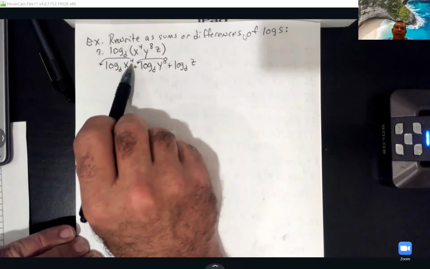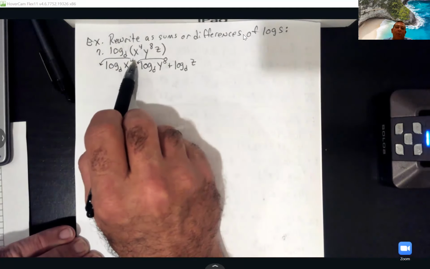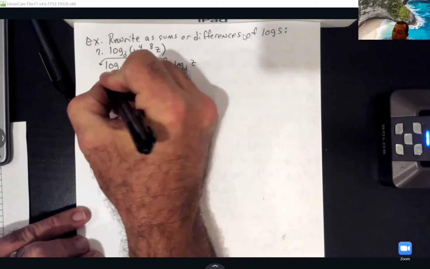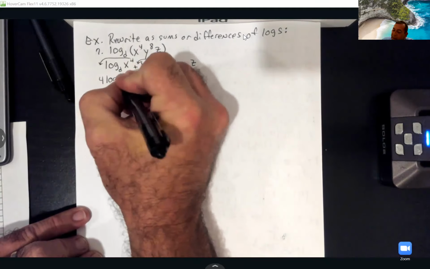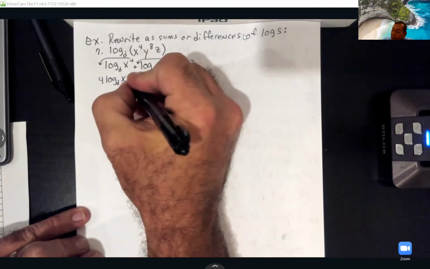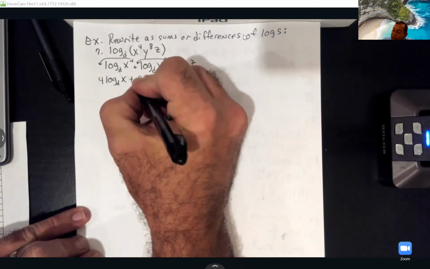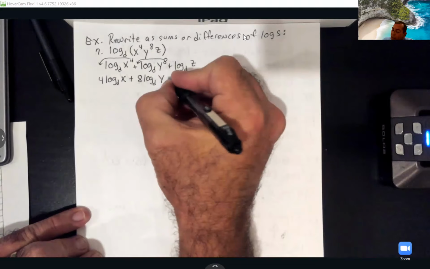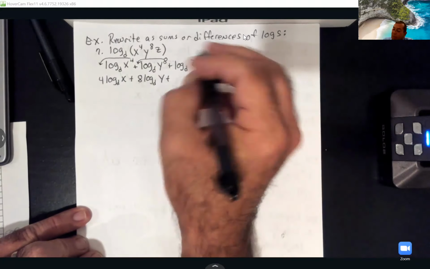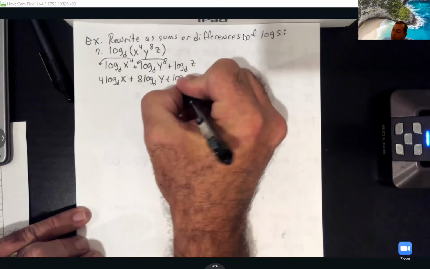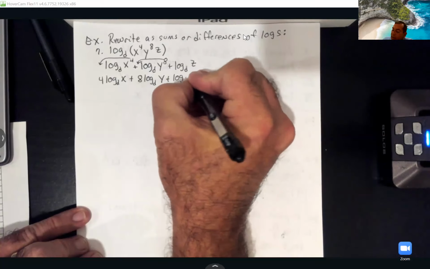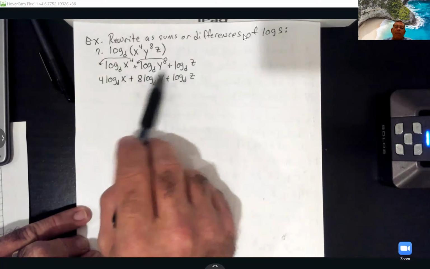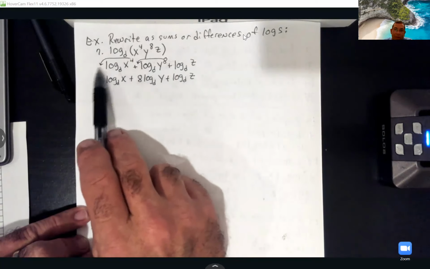Remember, if I have exponents on my variables, the power rule says bring them down in front, so that we get 4 times the log base D of x, plus 8 times the log base D of y. And then the z didn't have an exponent, so we'll just leave that as log base D of z. Any exponents, when we're getting our final answers, we have to bring those exponents down.